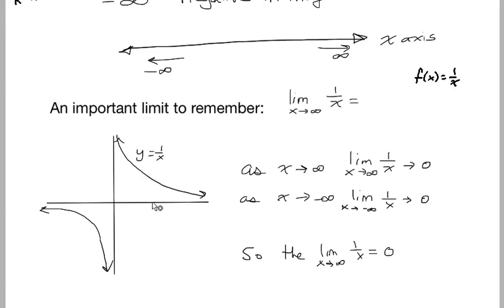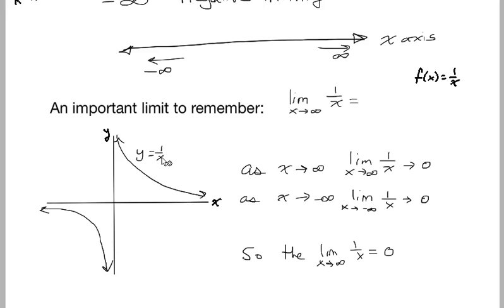Okay, as I get closer and closer to 0, I end up with an asymptote here, and as my x gets larger and larger, the graph tends to get closer and closer towards the x-axis. Right? This is the x-axis. This is the y-axis. Okay, and so that's just the graph that you need to remember.